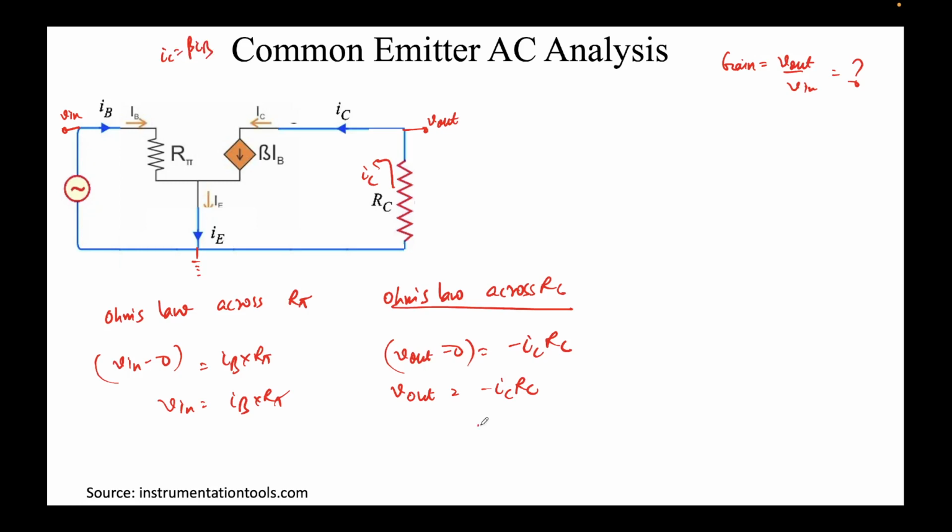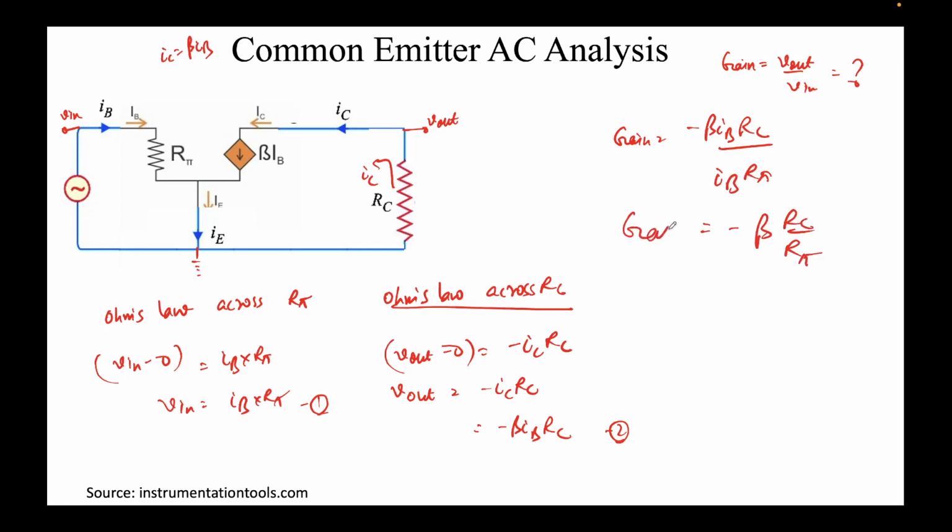So I get minus beta IB times RC. Now what I needed was V out over V in. V out is minus beta IB RC, and V in is IB times R pi. I get minus beta RC over R pi.